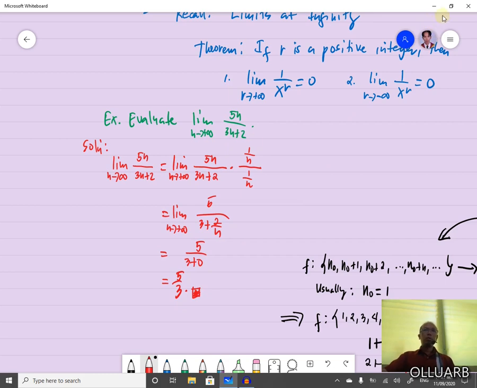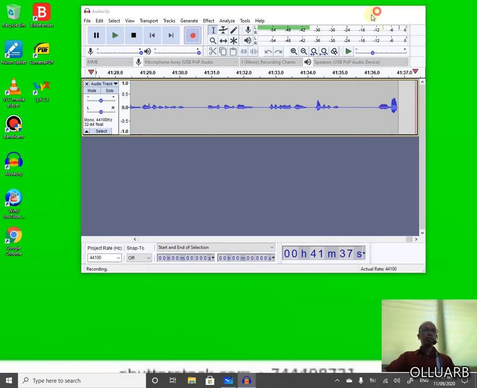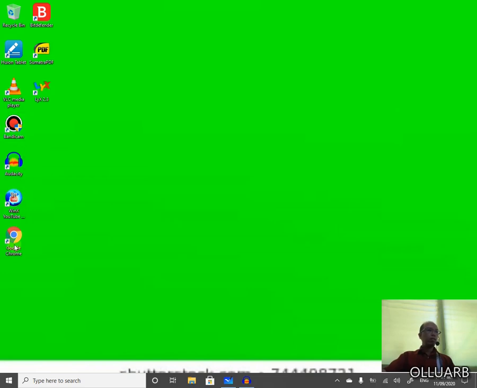If you recall your algebra or trigonometry class, you can graph this function, and then observe that as n approaches infinity, the limit will be 5 over 3. But let's try to graph this.